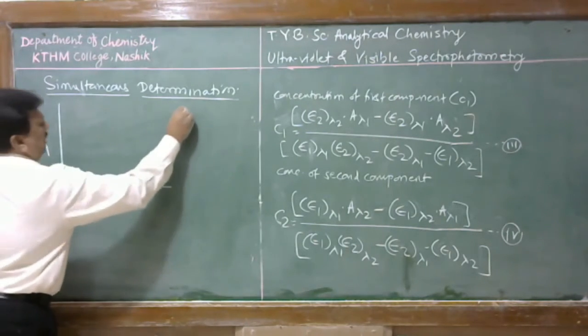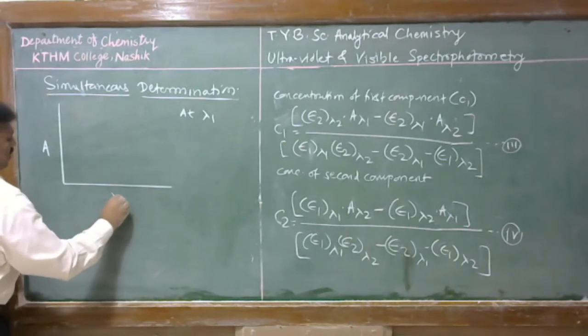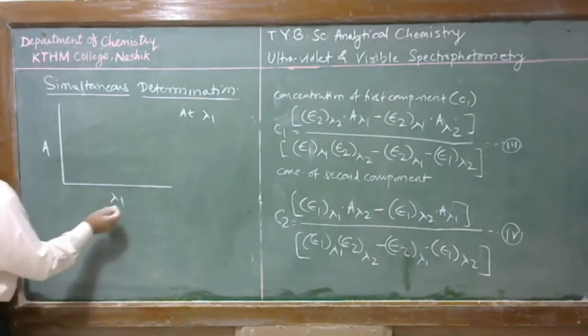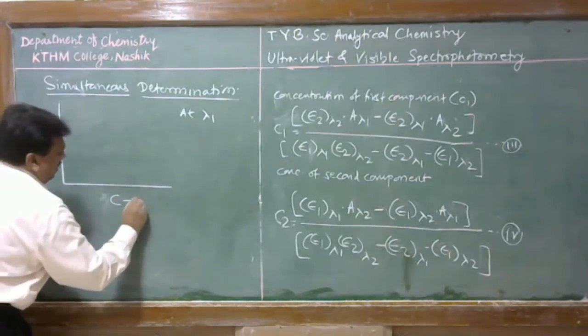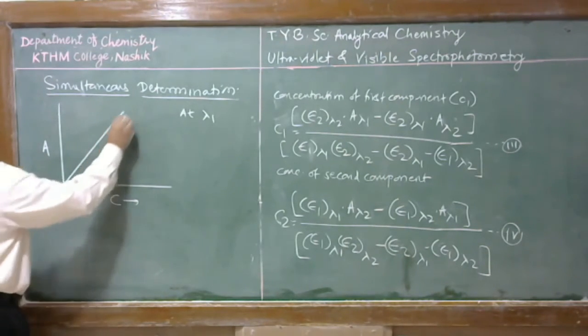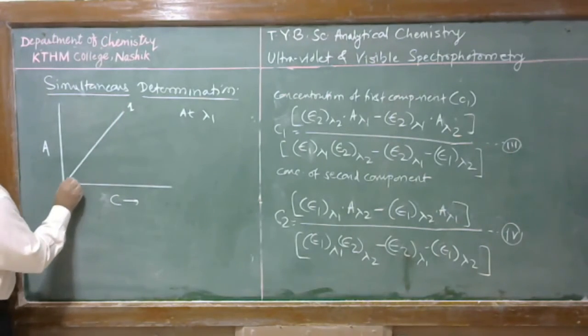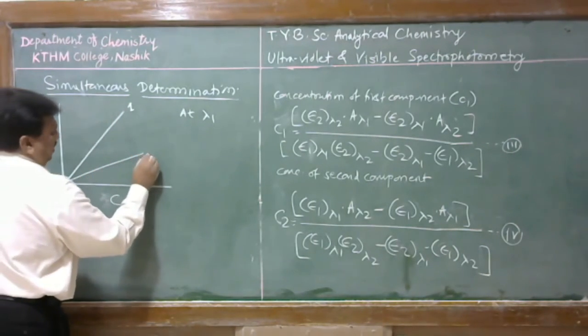At lambda 1, the graph is like this, where the first component shows maximum absorbance. Therefore, this is the calibration curve for the first component. For the second component, this is the calibration curve.